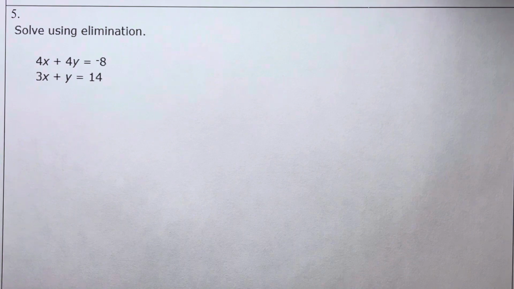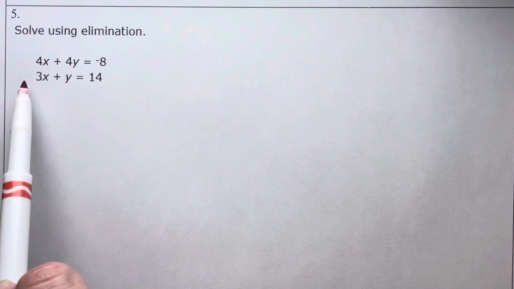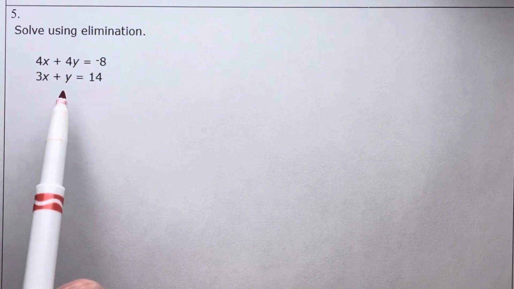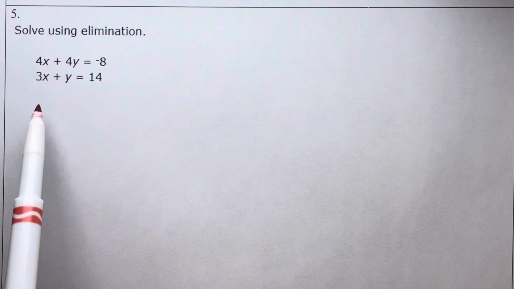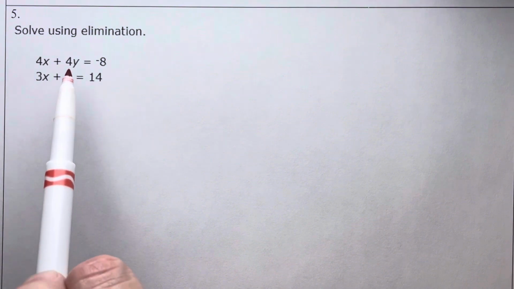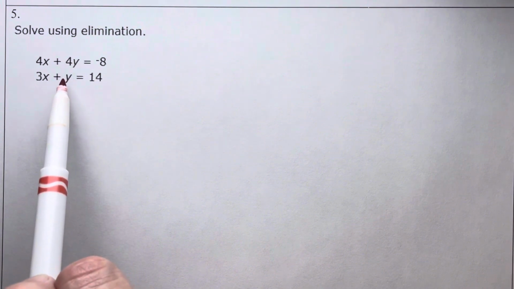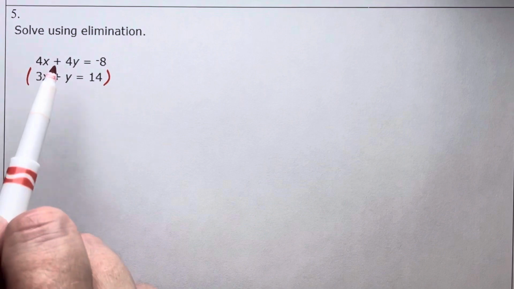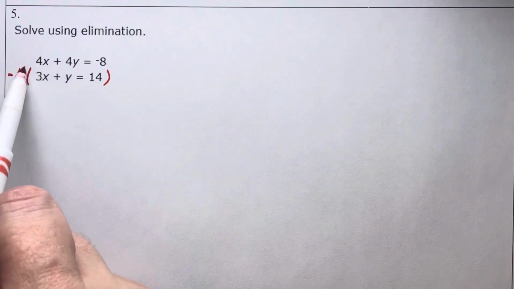So we need to determine which equation we need to multiply by something to make a variable drop out when we add straight down. The easiest option, the least amount of work, is to multiply the bottom equation by a negative 4.